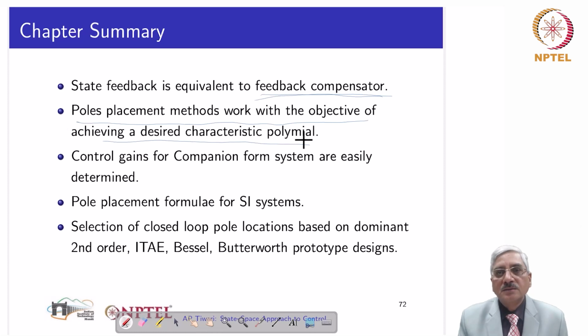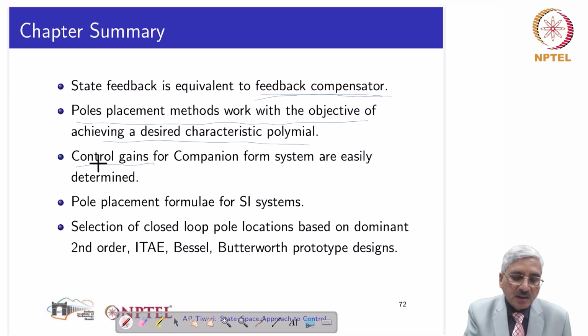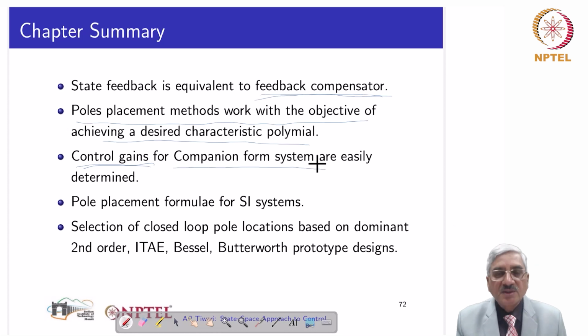State feedback, if the system is controllable, it gives the closed loop pole locations and the desired characteristic polynomial. Any arbitrary choice is possible to achieve. We have seen that control gains for state feedback gain in case of companion form systems are easily determined through n equations, each one in separate variable.